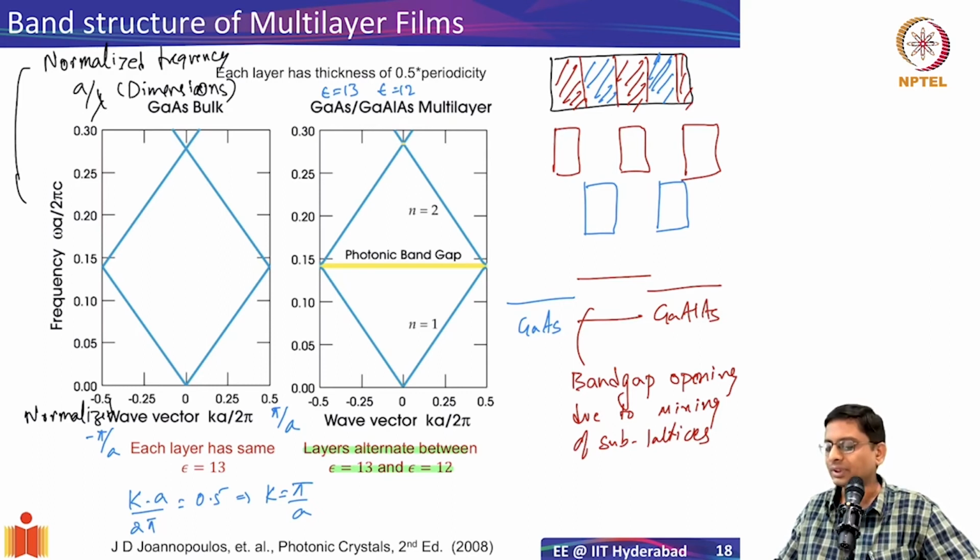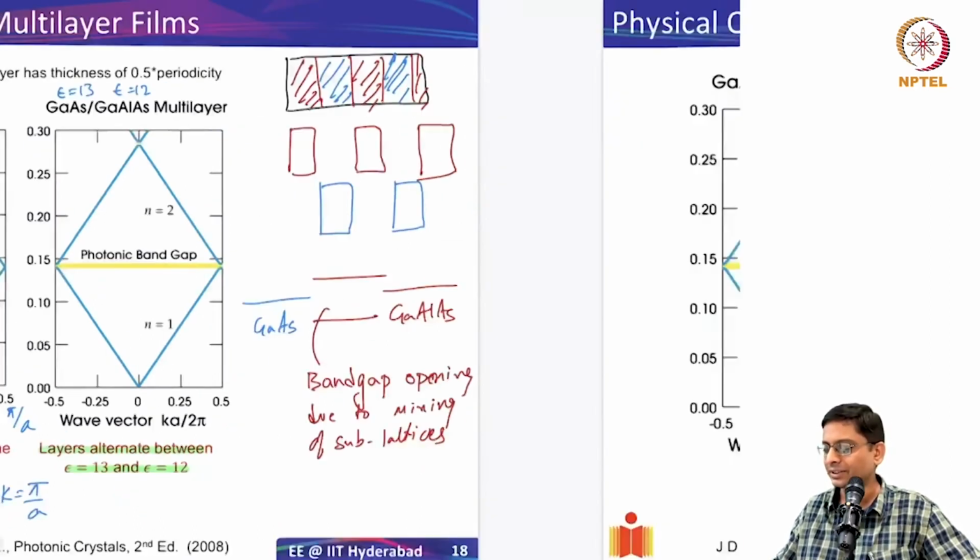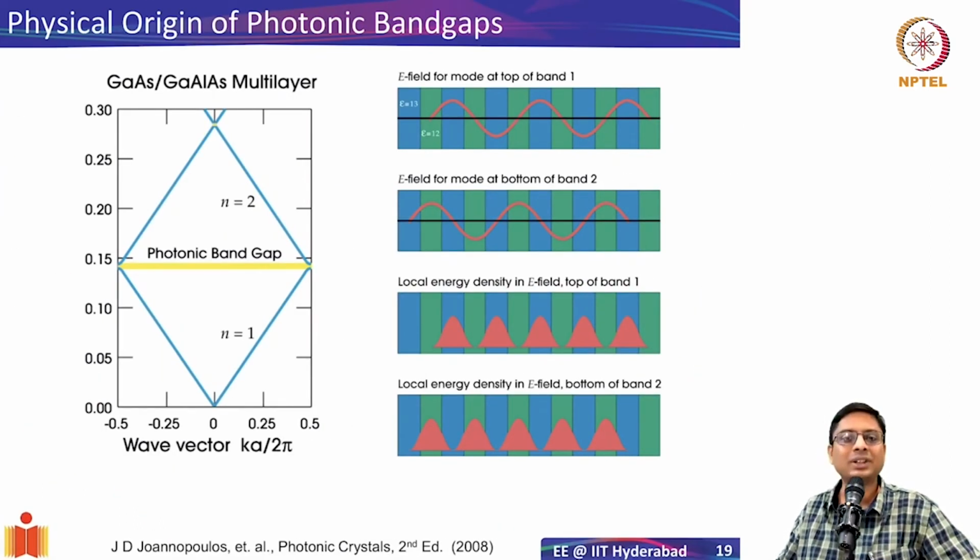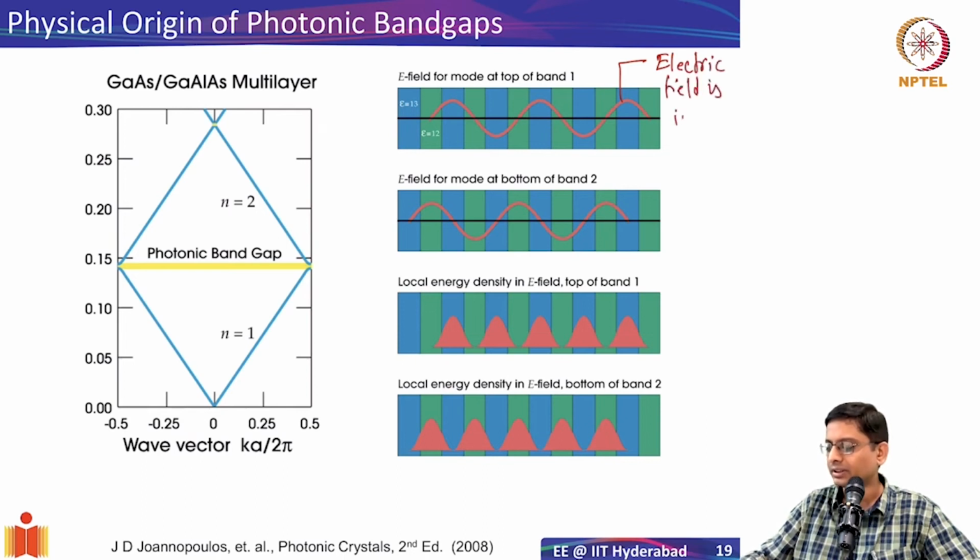Okay. Something more interesting is there in this. That is, how does the wave behave in these two different structures? Effectively, what it means is you can have one solution wherein the wave is confined to the high refractive index. So in this case, the electric field is in the epsilon equal to 13 medium, okay. Whereas in this case, the E field is in the epsilon equal to 12 medium.